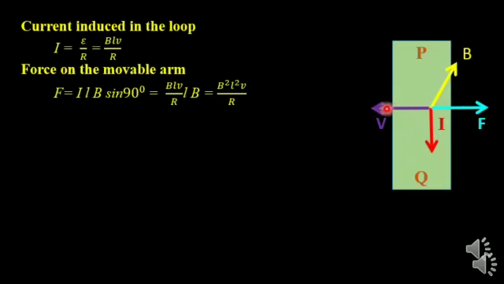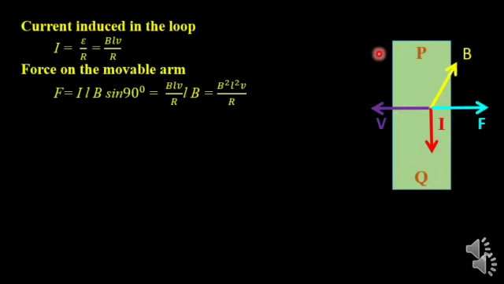The magnitude of this force is F equals ILB sin theta, where theta is the angle between the current and the magnetic field. Here, since the angle is 90 degrees, F equals ILB sin 90. Since sin 90 equals 1, F equals ILB.